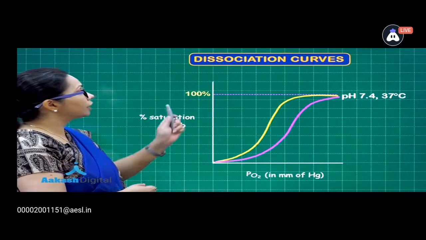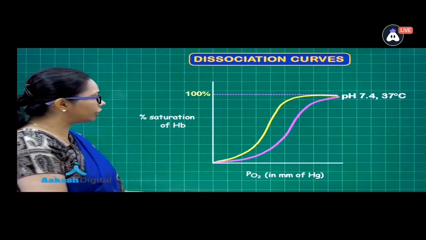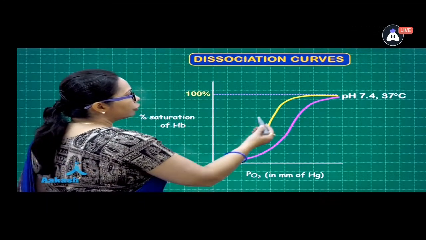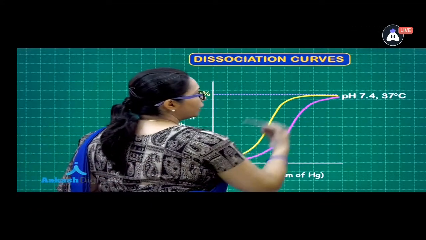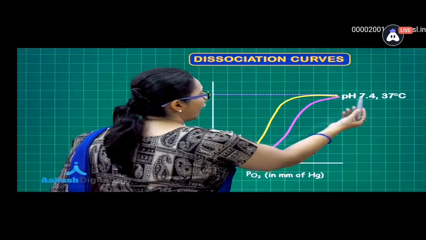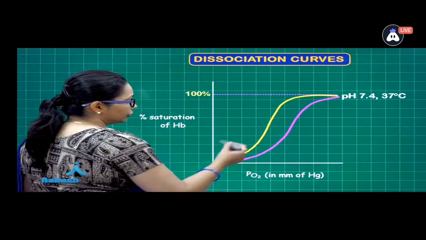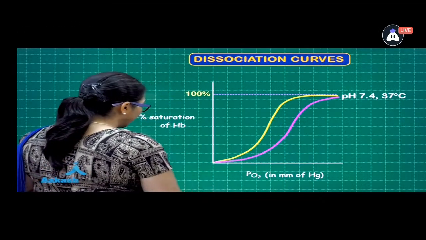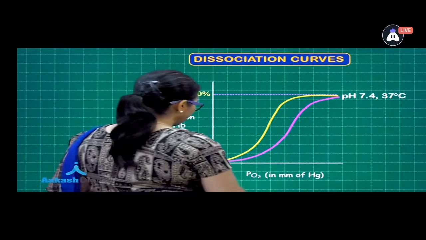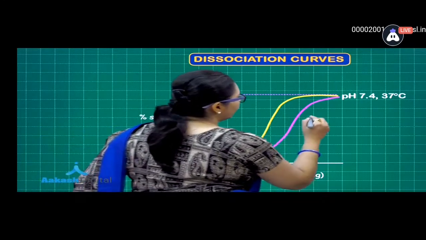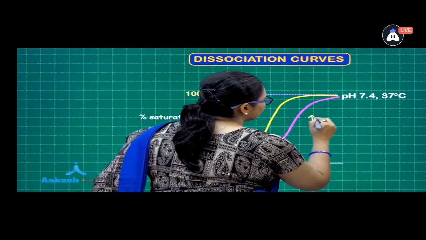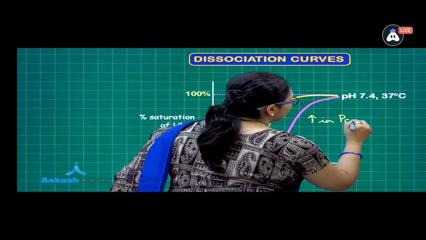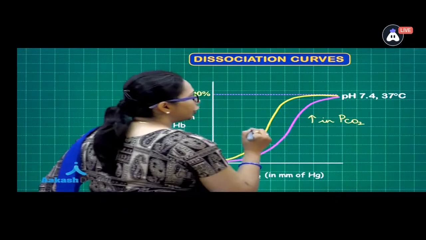Now another one, that is if we see the dissociation curve. This dissociation curve we had drawn earlier was at the normal pH, that is 7.4, and 37 degrees Celsius temperature. Now here we are showing the curve being shifted to the right. What are the conditions in which this curve will shift to the right? When there is increase in partial pressure of carbon dioxide, that is in the tissue.